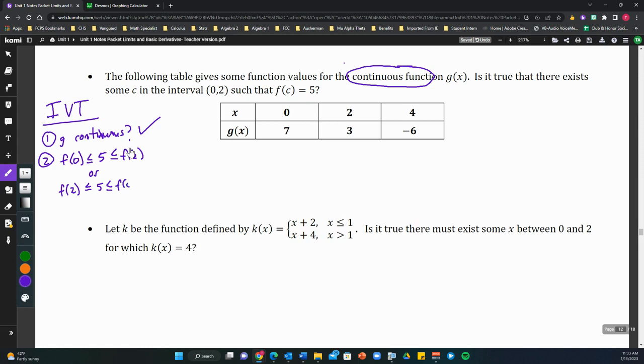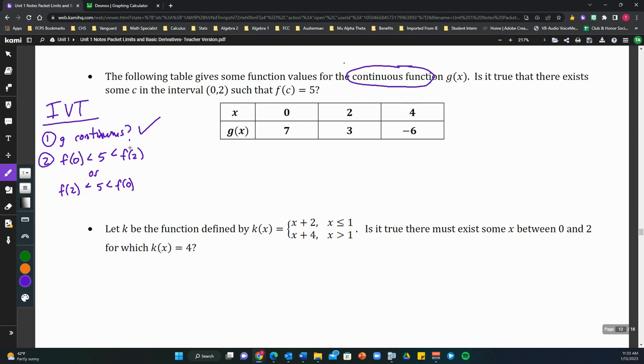But as long as one of these two is true, that the y value is somewhere in between, I'm sorry, we need to get rid of these equals, as long as it's somewhere in between those, then we can guarantee that there is at least one place in the interval where it uses a y value of 5. So typically we will be given an equation like these other two examples, and we'll actually have to substitute some values in.